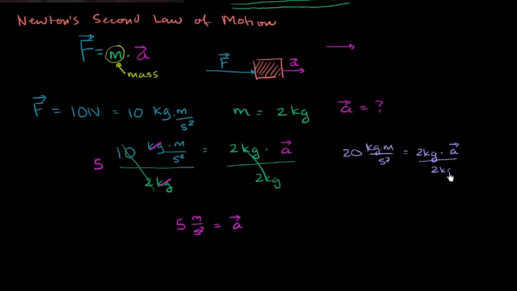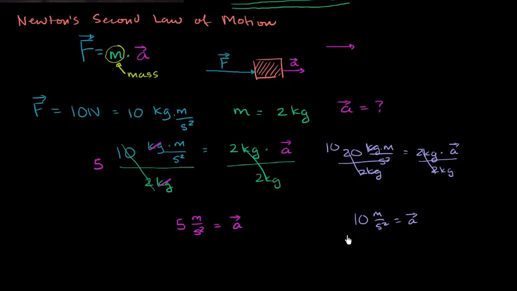Divide both sides by 2 kilograms. 20 divided by 2 is 10, and kilograms cancel with kilograms. So the acceleration in this situation is equal to 10 meters per second squared. So when we doubled the force, from 10 newtons to 20 newtons, the acceleration doubled, from 5 meters per second squared to 10 meters per second squared.